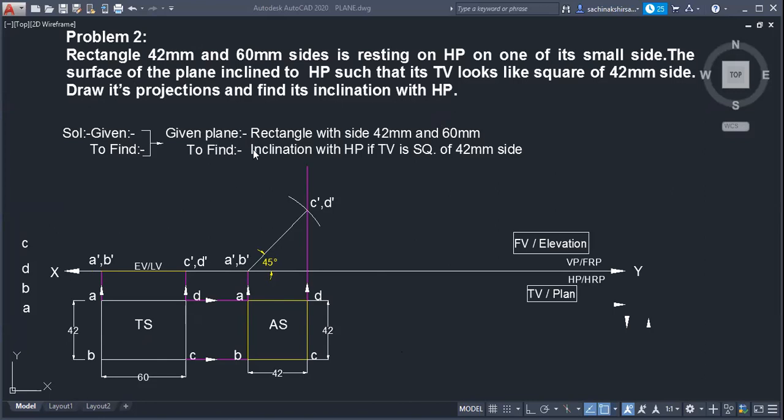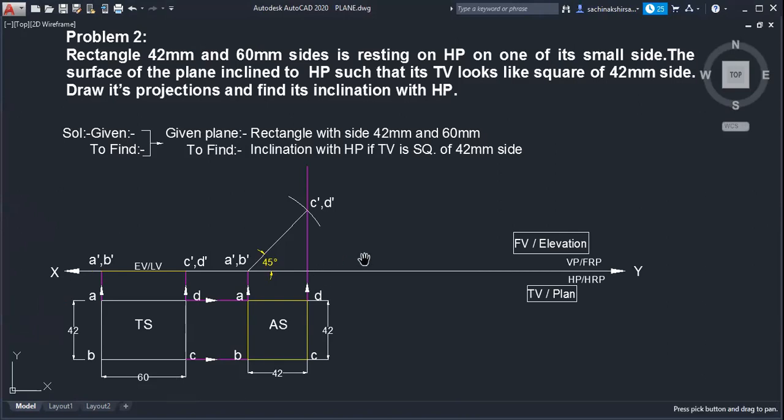Shall we go next? Same problems are there. Have you noted down this? Next problem.